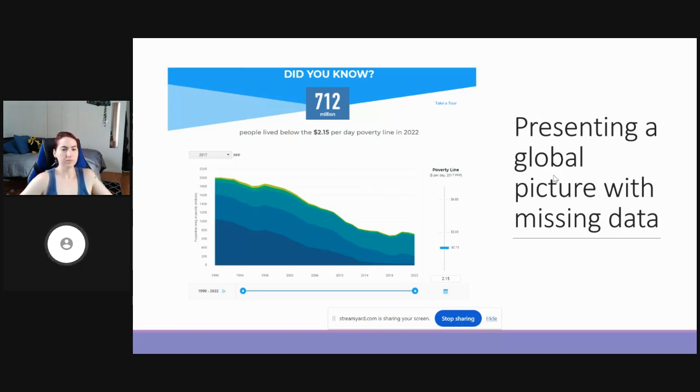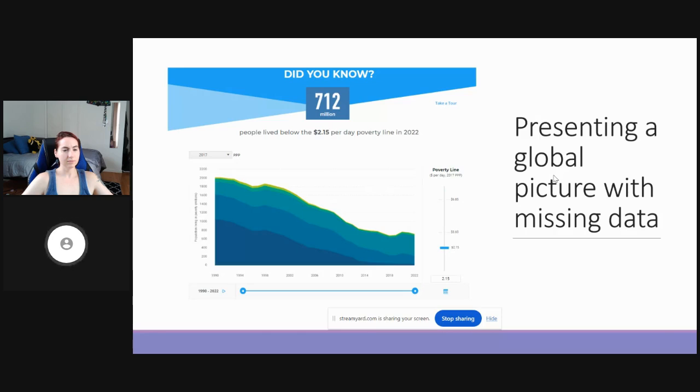Complete data in terms of international development would basically mean that we have complete information about all 8 billion of us, in terms of our income, our behaviors, when did we have children, when did we eat, how much time did we spend, and that's really impossible, if not close to. And so in order to present global pictures, we have to deal with missing information, or we have to deal with just the closest to representative information that we can have.